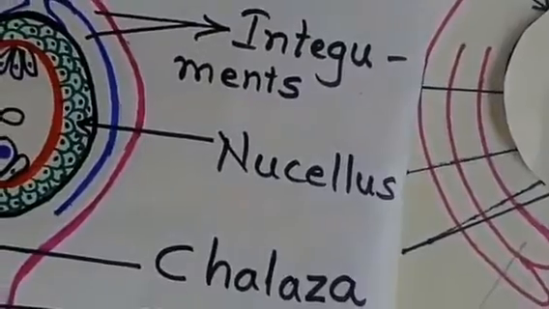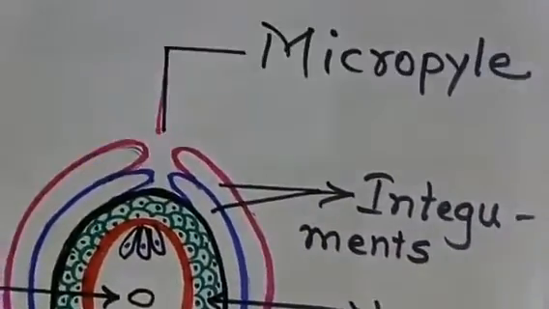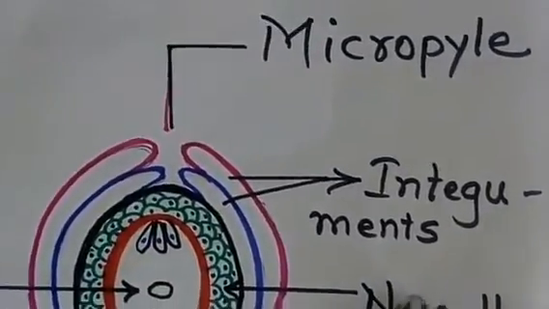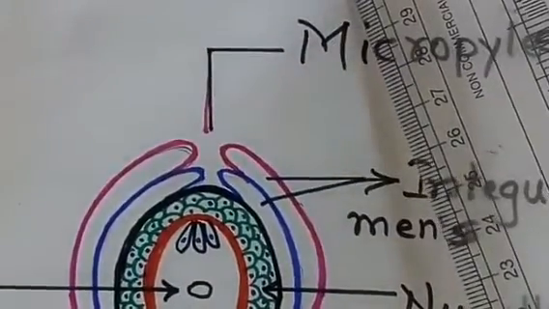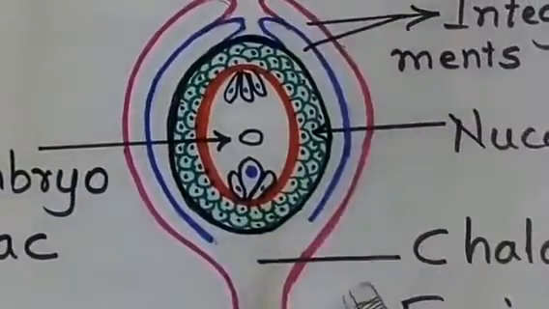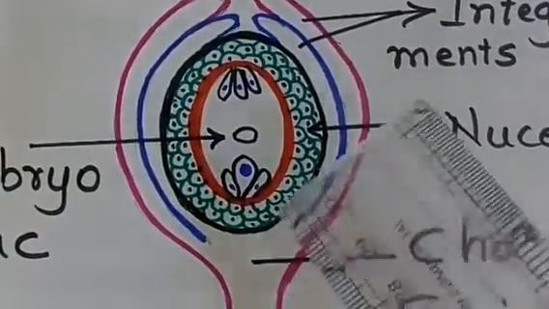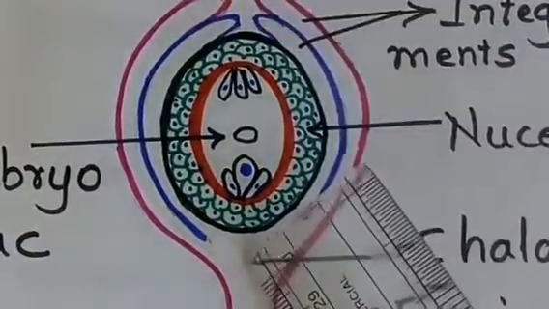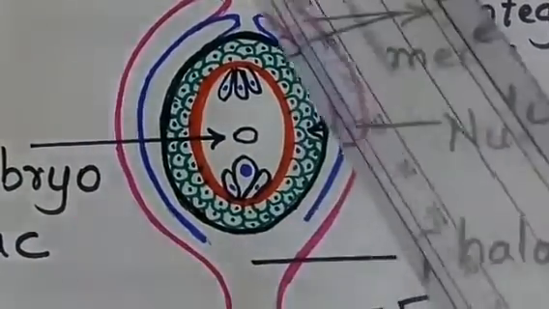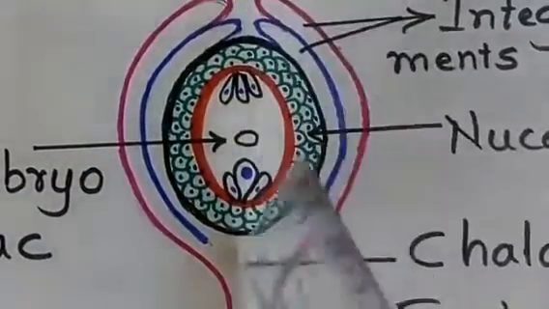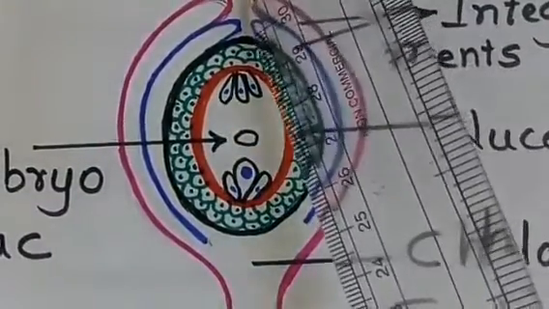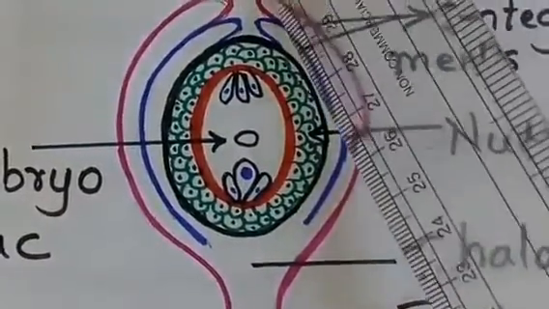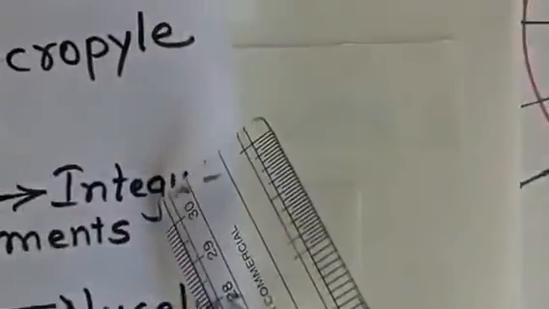The basic difference between orthotropous and anatropous is, first we'll see the orthotropous ovule. The orthotropous ovule is also called a straight ovule. Why is it called a straight ovule? Because the micropyle, chalaza and funicle are all in a straight line, and the micropyle is directed upwards. So this is about orthotropous ovule.